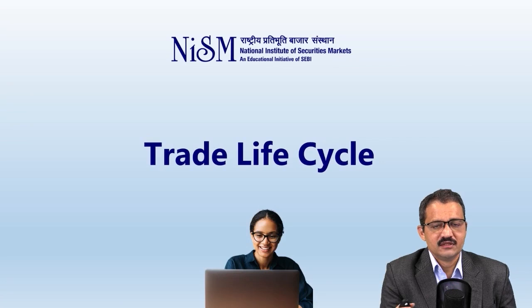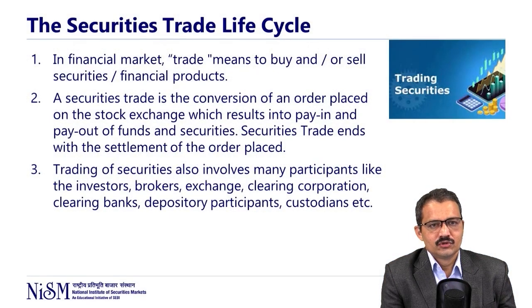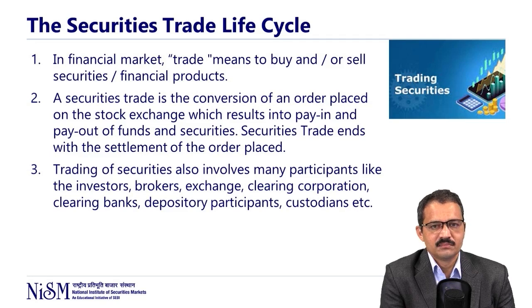So let's begin with the trade life cycle, focusing on the cash market and especially from the secondary market point of view on the stock exchange. In the securities trade life cycle, what does trade mean? We have seen that when the buyer and seller meet together and agree on a price, then a trade happens. But a trade does not have a logical end until and unless there is pay-in and payout of funds and securities.